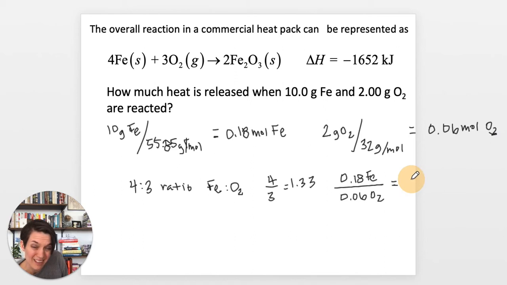Okay, so 3 is greater than 1.33, which lets me know that iron is not my limiting reagent. Oxygen is. That's just a really handy method to try. It's more intuitive for a lot of people if it's just a 2-to-1 ratio or a 3-to-1 ratio, but this is also really, really helpful. So we know that oxygen is going to be our limiting reagent.